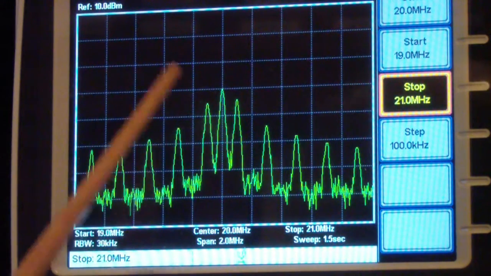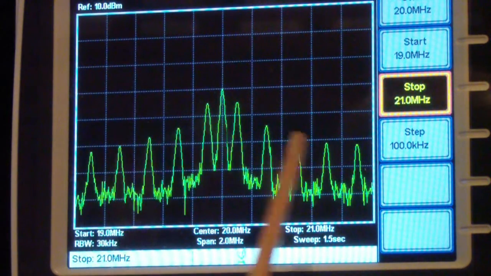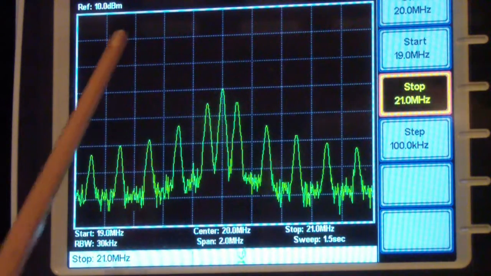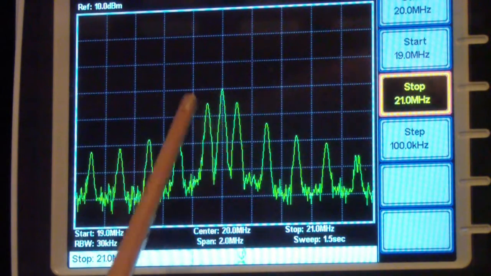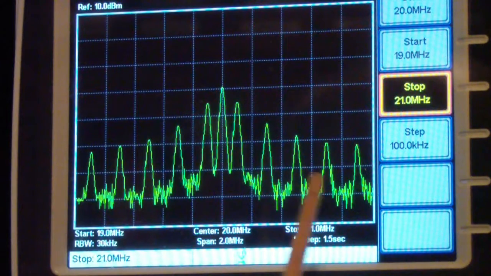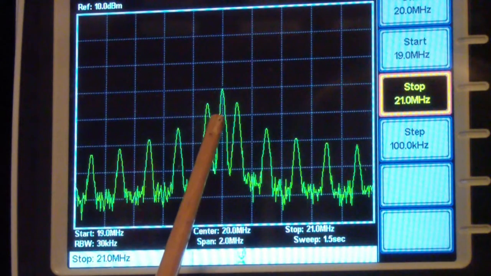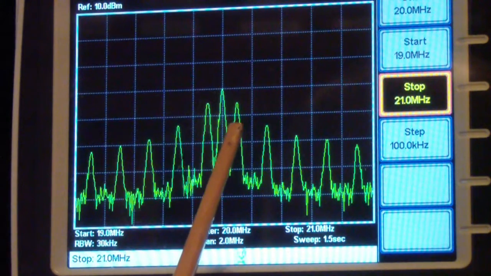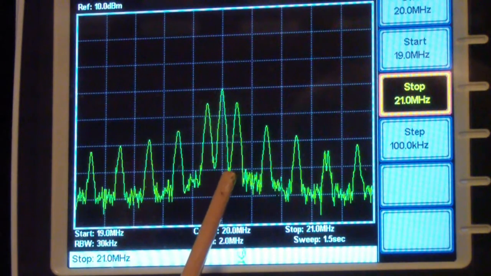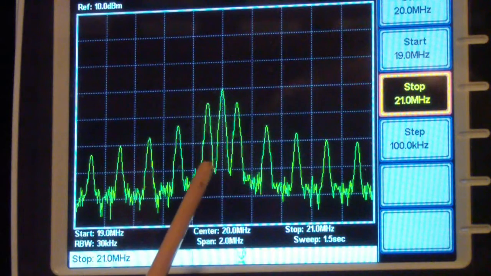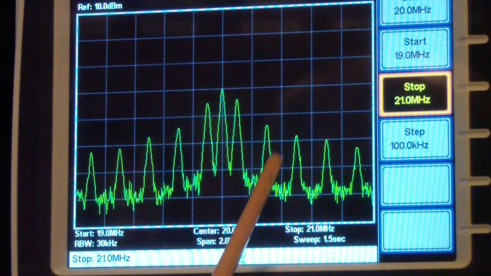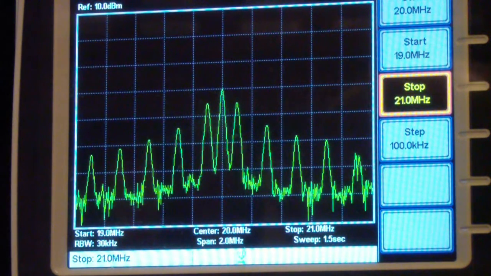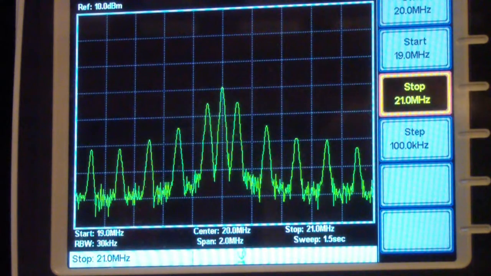It's actually using a swept frequency, at least a digitally swept frequency, to pick out, once again, the carrier in the center, the fundamental of the modulating frequency, in other words, the 100 kilohertz, and then the odd harmonics moving up from there.